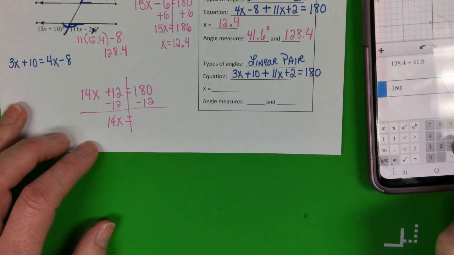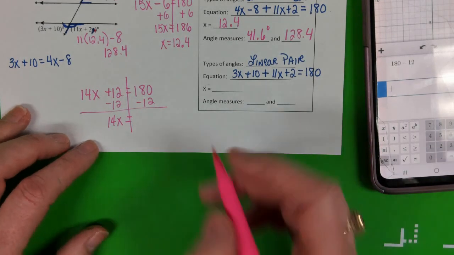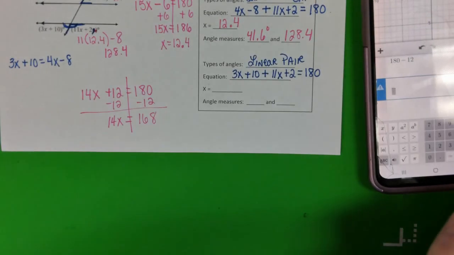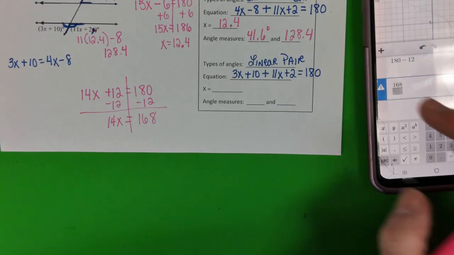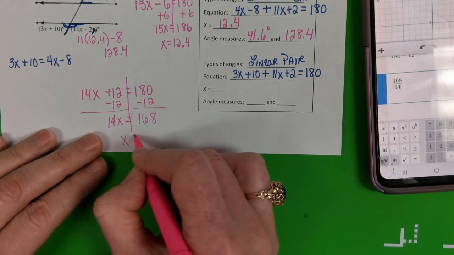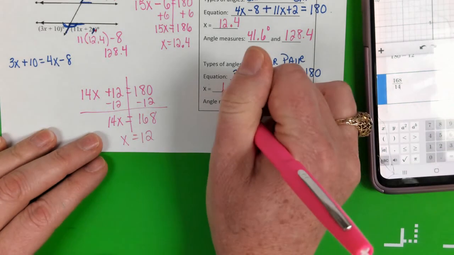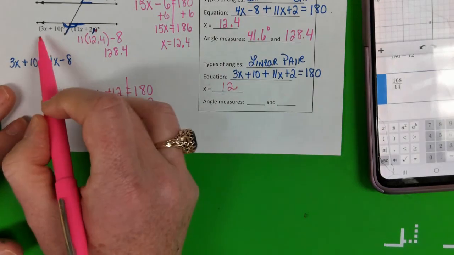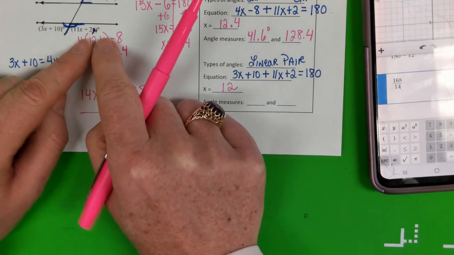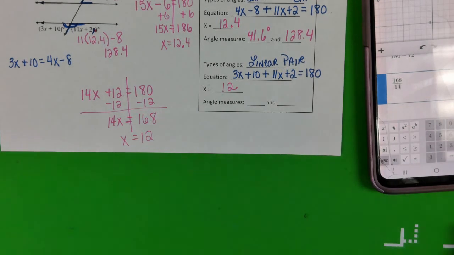I don't feel confident of doing that subtraction in my head. 168. And then I do 168 divided by 14, and I get x equals 12. And then remember, all we have to do is plug it back in and solve. So I messed up, I apologize, I messed up this problem because of that typo right there.